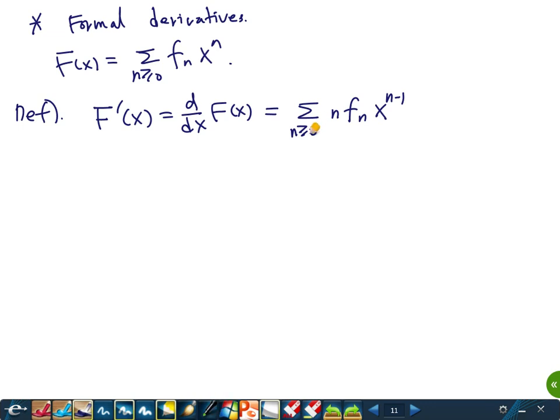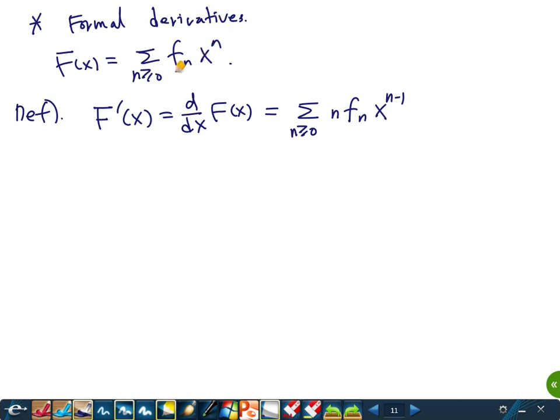So in calculus, when you take the derivative of a sum of many things, we take the derivative of each term and then we add the results. That's the property of the derivative. And for this, when you take the derivative of a sum, you just do this term by term.